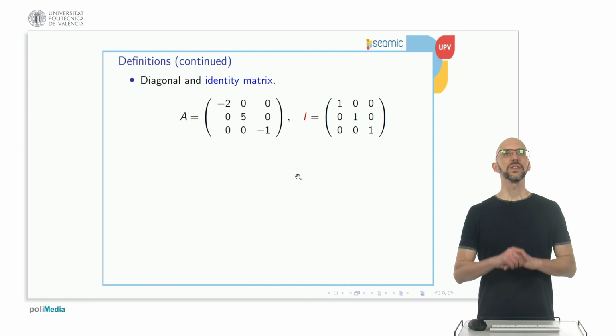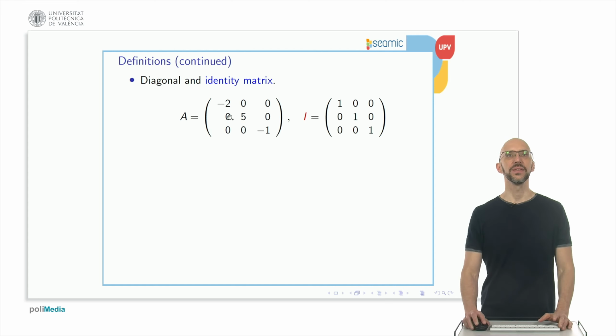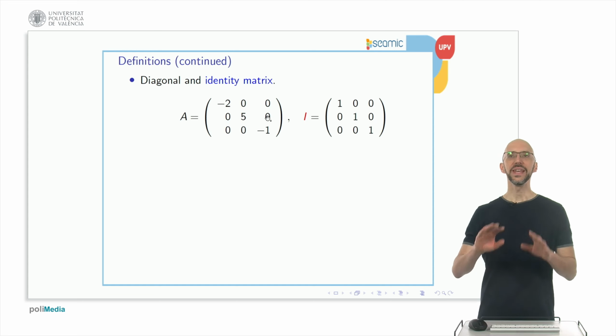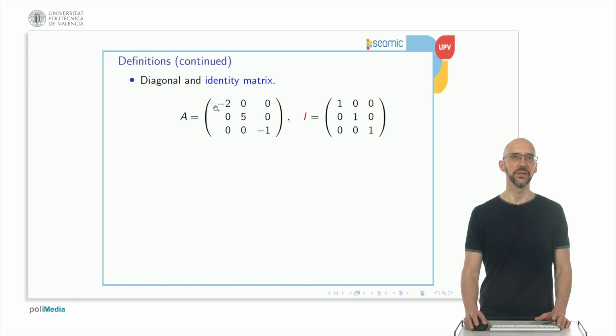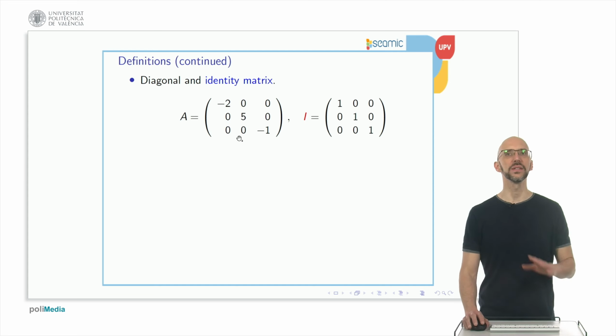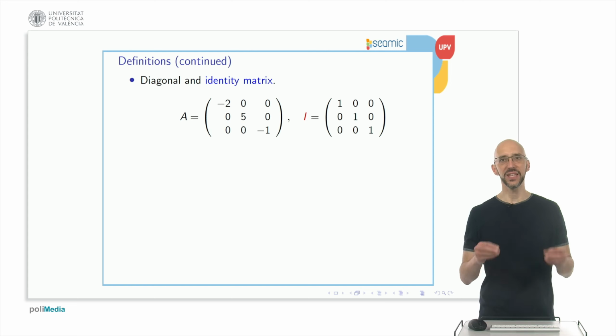What is a diagonal and an identity matrix? A diagonal matrix is the one that has zeros in all the elements outside of the main diagonal. Look at this. This is the main diagonal, -2, 5, -1, and the rest of the elements are all zeros. Does this mean that I cannot have zeros in the main diagonal? No, of course.